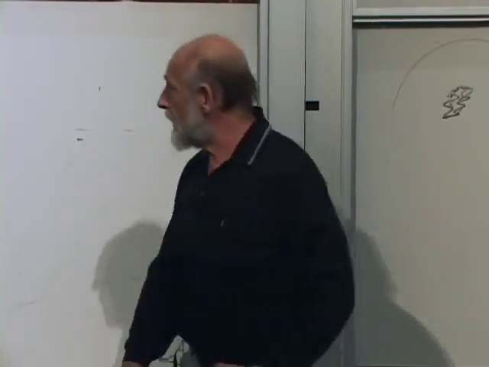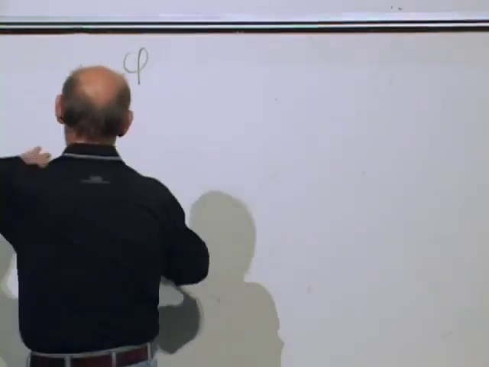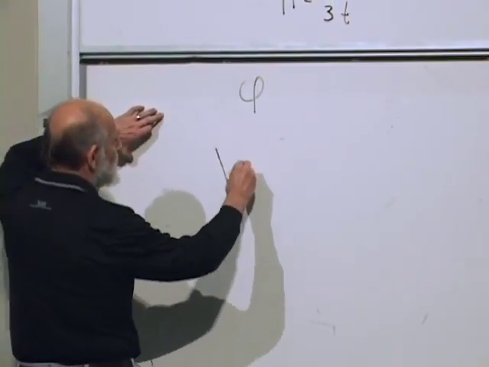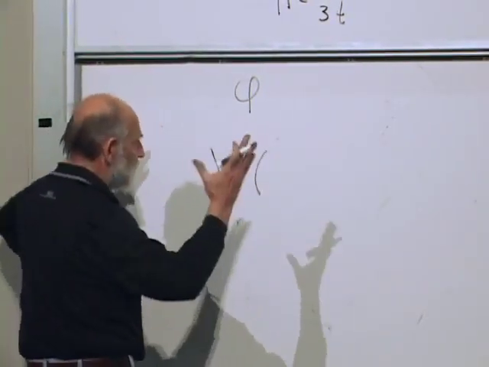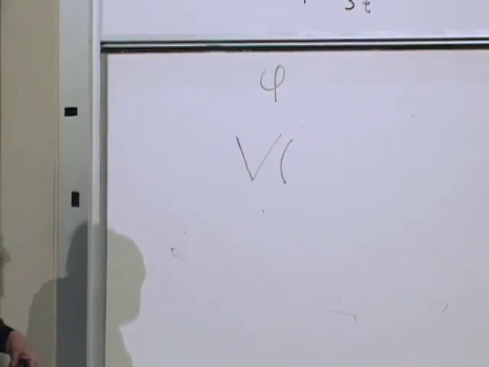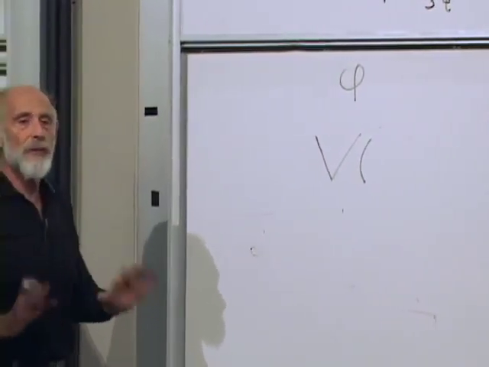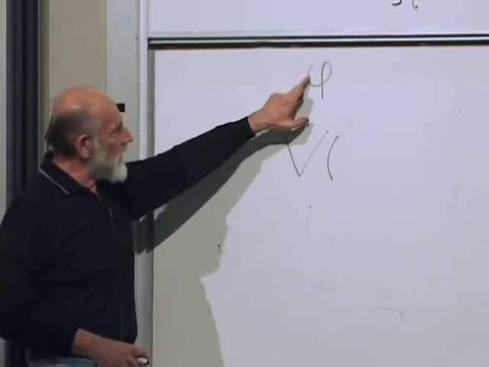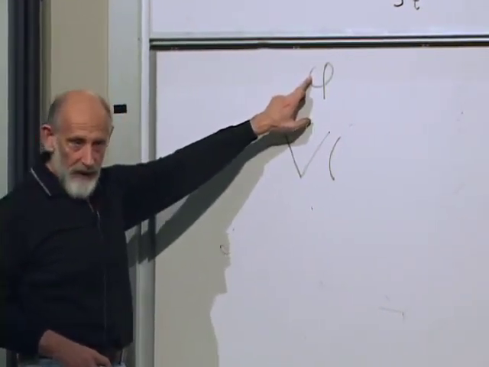The energy that's associated with it is a kind of potential energy, and a potential energy that scalar fields can have. It's a potential energy, V, which is standard terminology for a potential energy. When I say it's a potential energy, I mean it doesn't have to do with the time derivative of phi.